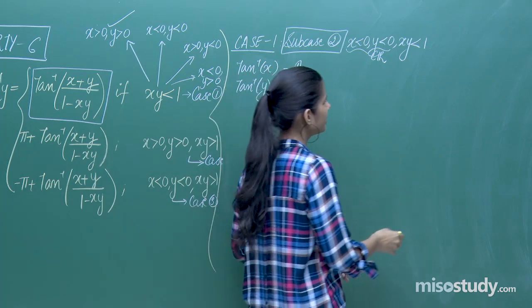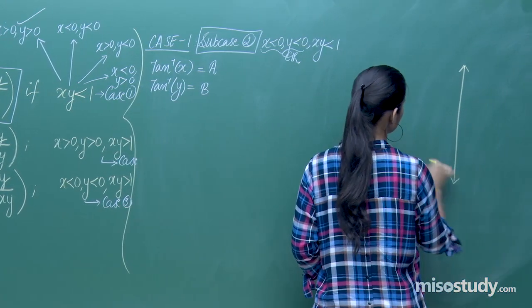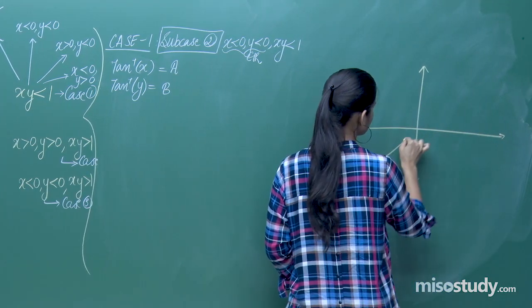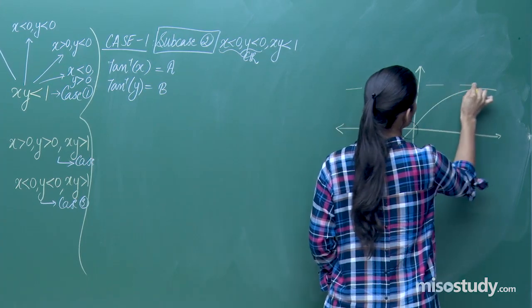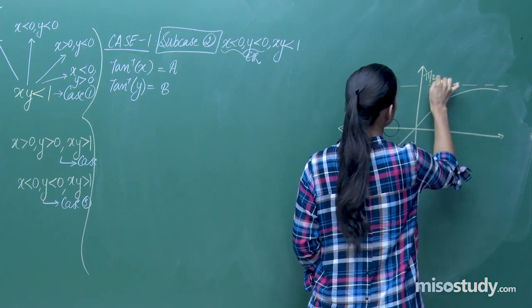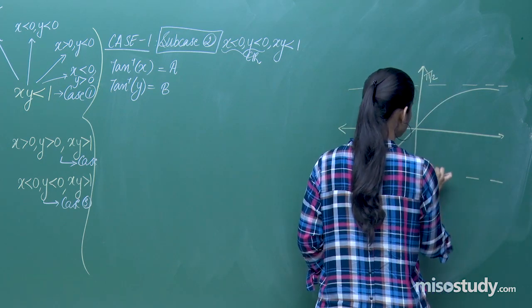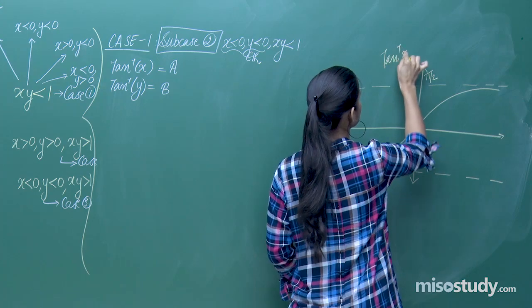Where will a and b lie? Obviously in the range of tan inverse, but somehow there is a specification. What is the specification? This is pi by 2, this is minus pi by 2, this is 0. That's the graph of tan inverse x.